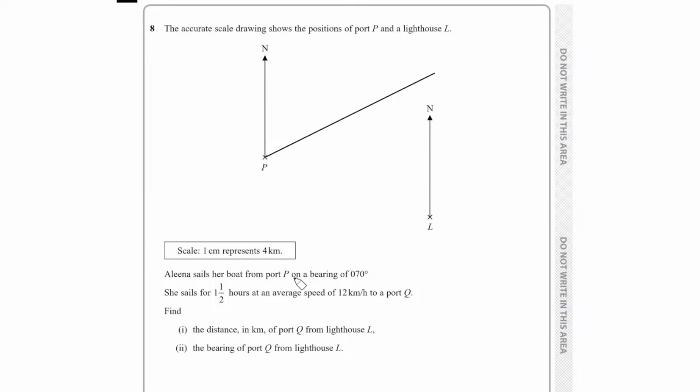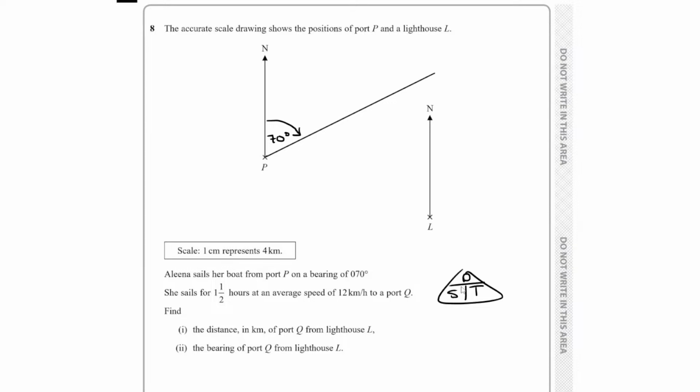In this case, because it was from port P, the north line of port P, clockwise, so in this direction. Let's just say that was 70 degrees. You would measure it yourself accurately. We don't currently know how far she went, so I'm just drawing the line that far. Now, as you've put in the comments about working out this bit here, how far does she actually sail along that line? So you want to work that out.